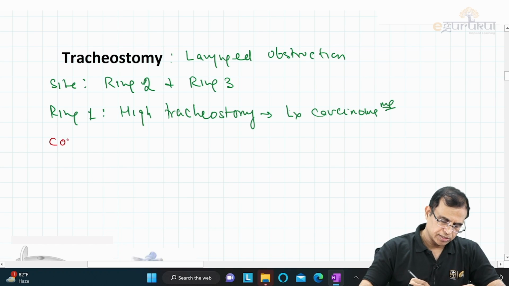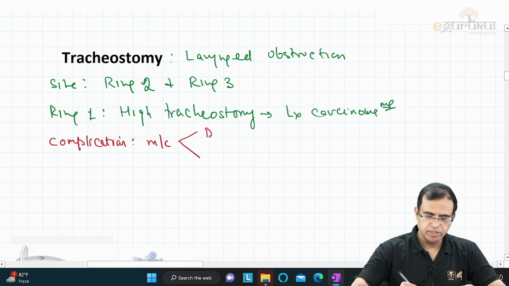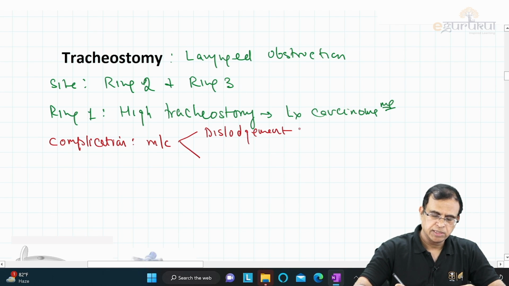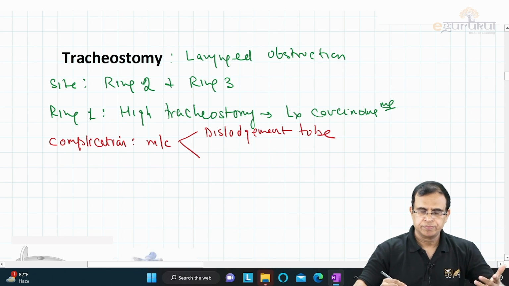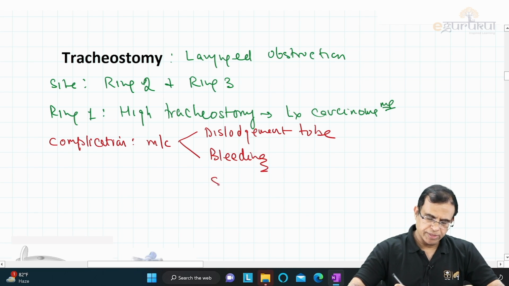And then complications of tracheostomy. Most common complication, there are two correct answers. One is dislodgement of the tube. That means the tube comes out and bleeding can happen. But also remember subcutaneous emphysema.